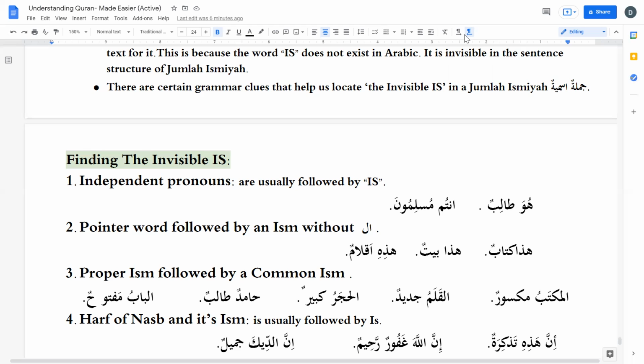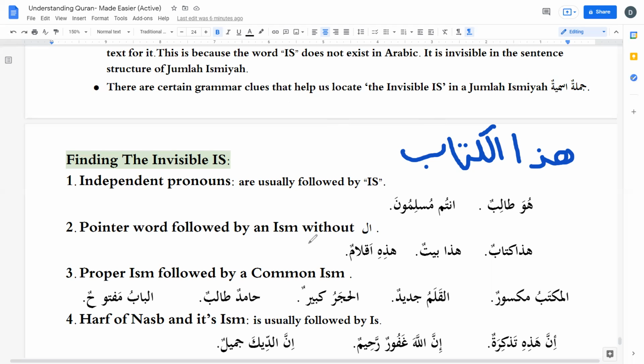If it's Haza followed by al Kitabu, then this is not a sentence structure. This is a pointer fragment. So there is no "is" in between because of this structure.